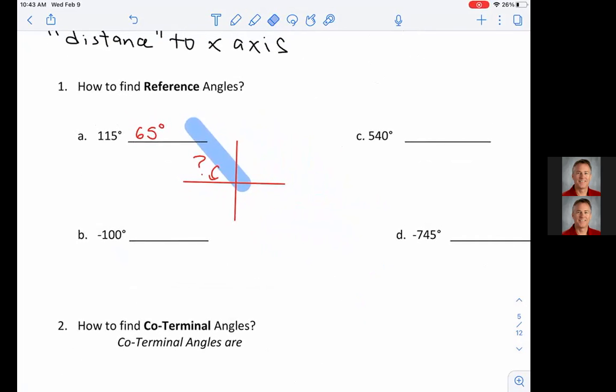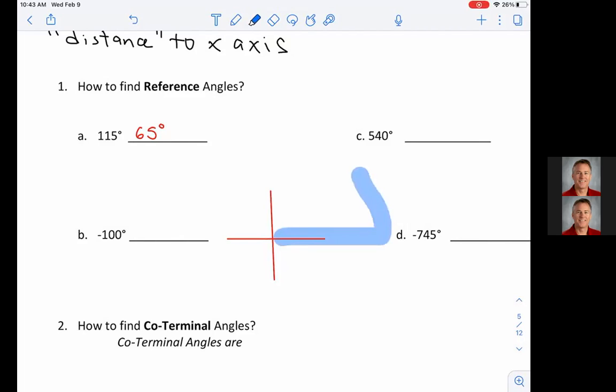If our angle went negative 100 degrees, so let me erase this and kind of animate what I'm talking about here. So angles typically go this way, but if I want to go negative 100 degrees, I'm going to go this way, clockwise.